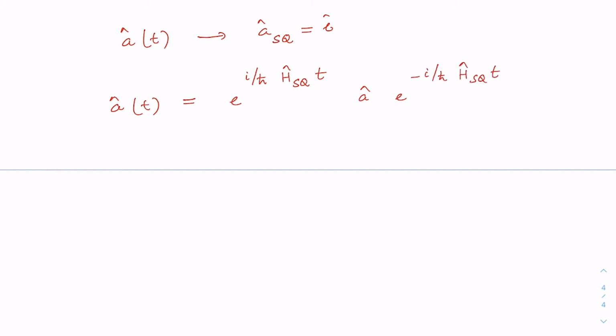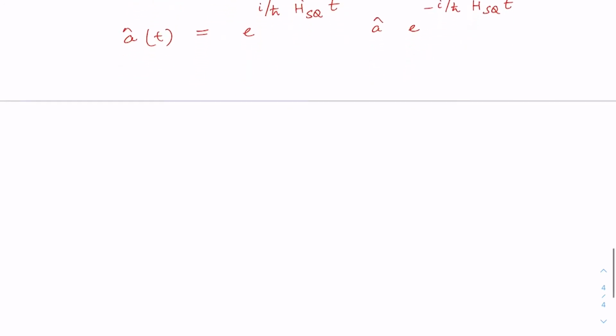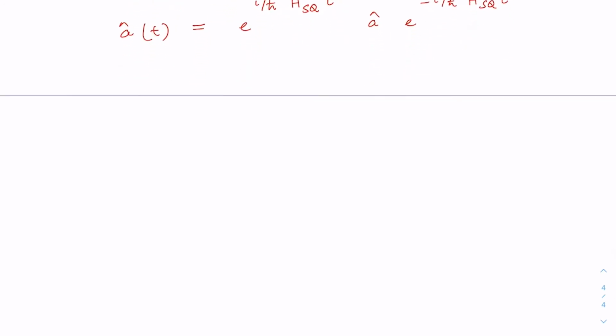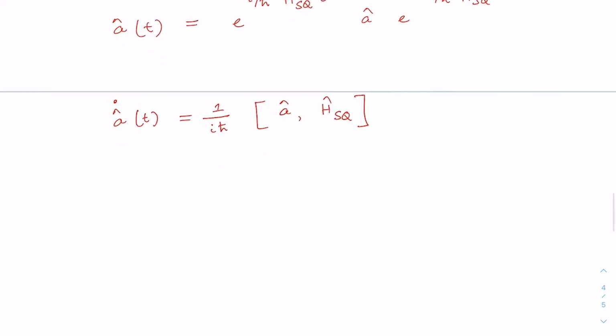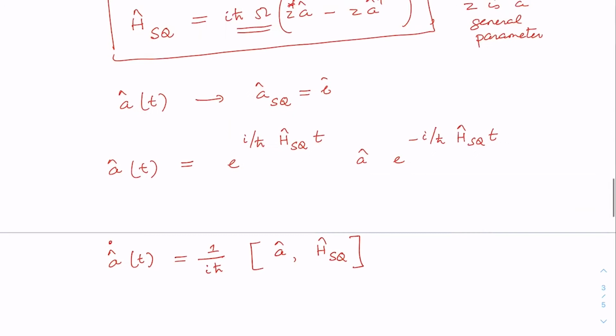Now to work out the time evolution, let us begin by writing down the Heisenberg equation of motion. So I have a dagger of t, the Heisenberg equation of motion will give me 1/(iħ) times a commutator with the Hamiltonian H_s.